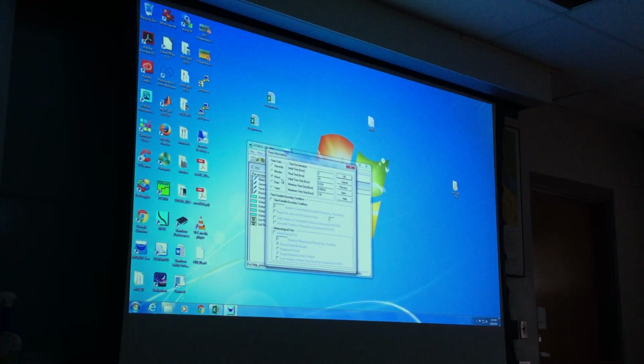Then we said we want to simulate in hours. The simulation should go over 24 hours. We don't have any time-variable boundary conditions. We really don't change the time steps unless we get into trouble with convergence.